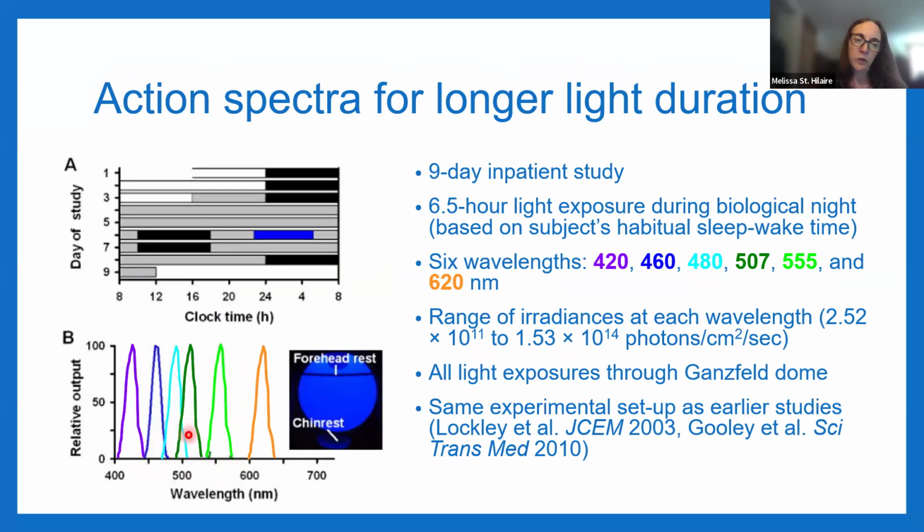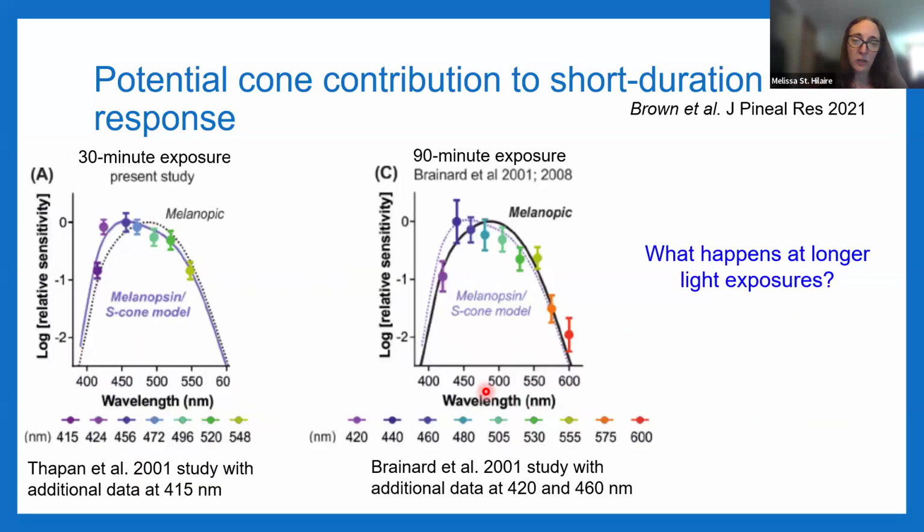So those were those original curves that I showed you. And we basically expanded that out to 6 wavelengths with the goal of constructing an action spectra like these two, but for a 6.5 hour light exposure so that we could really see how do things change, not just from 30 minutes to 90 minutes, but also over a longer duration exposure.